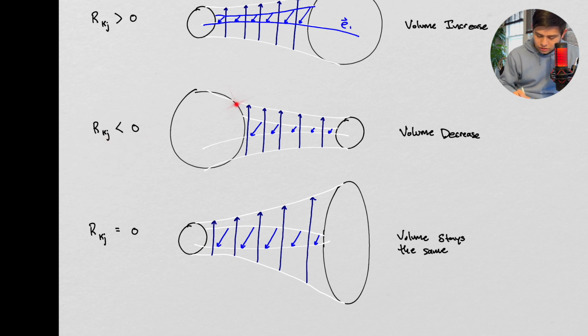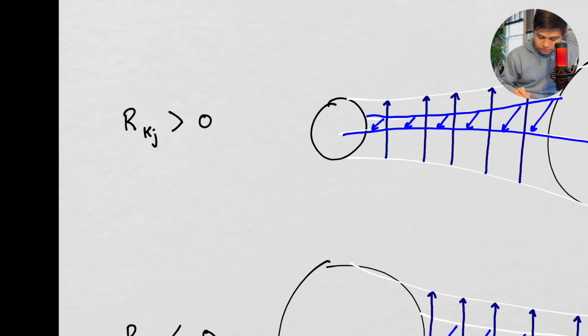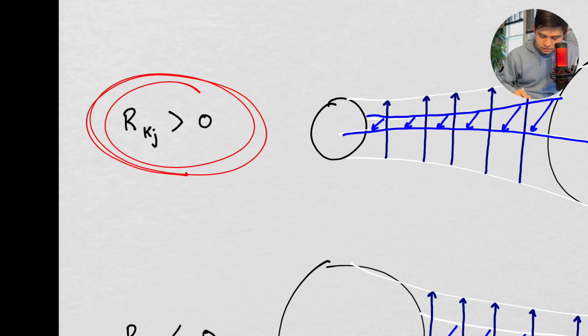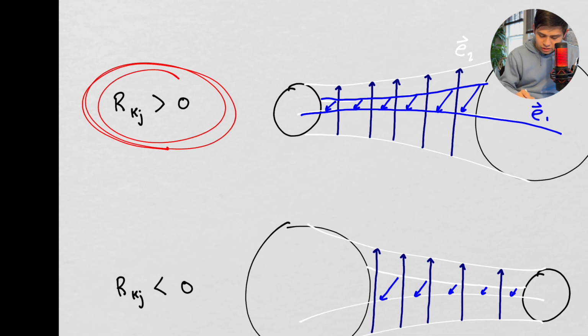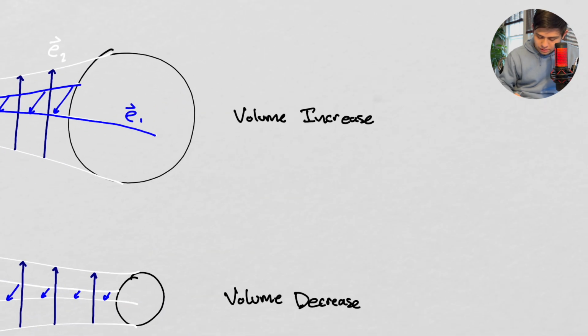So the volume is actually decreasing. So whenever we have this case at some point P, remember we could say that this is at some point P, then we have a volume increase, right?